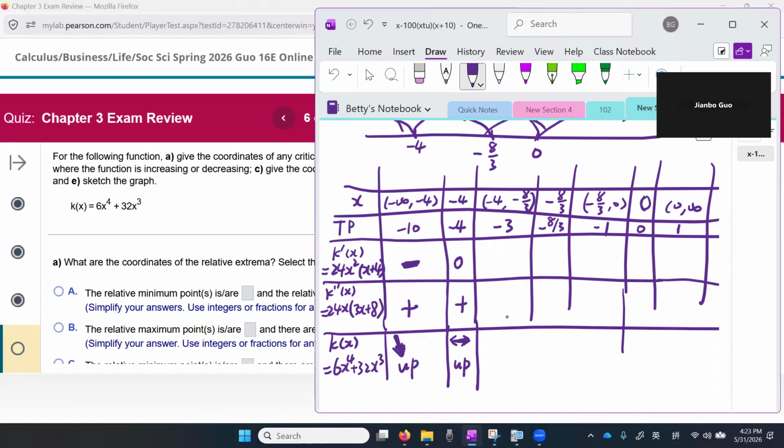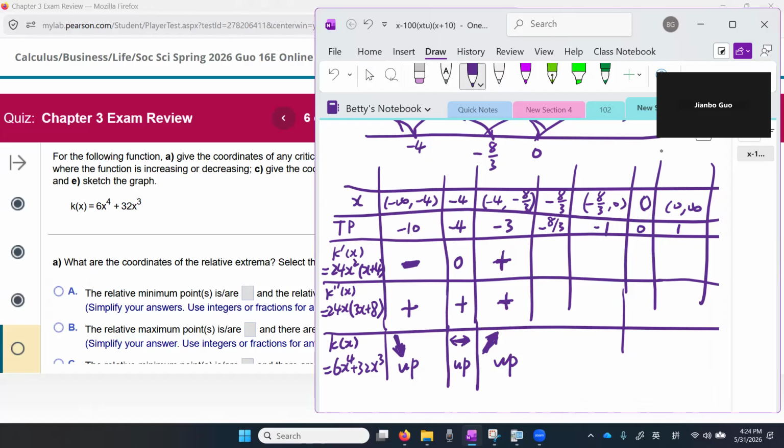When x equals negative 3, this part is positive, so it's increasing. Second derivative, when x equals negative 3, negative 3 times negative 3 is negative 9, so also positive. So continue concave up.